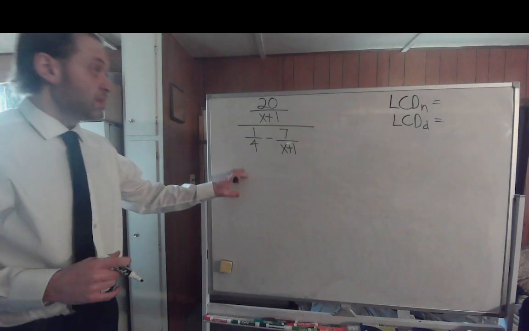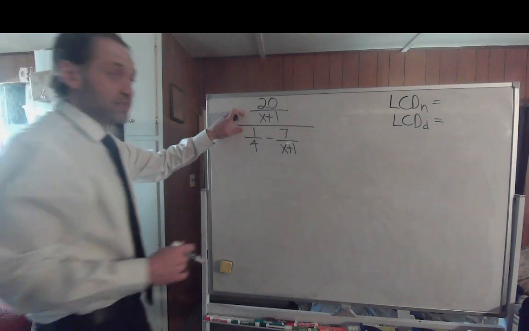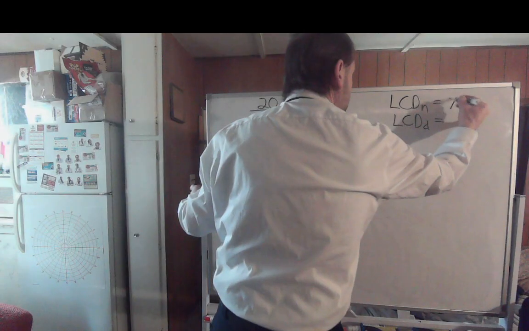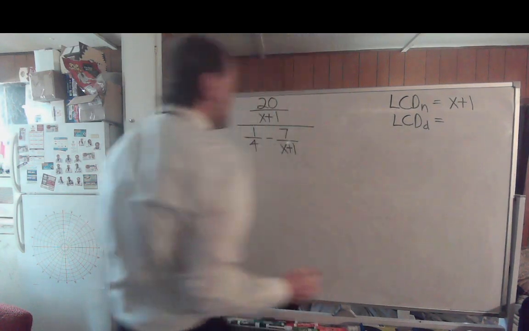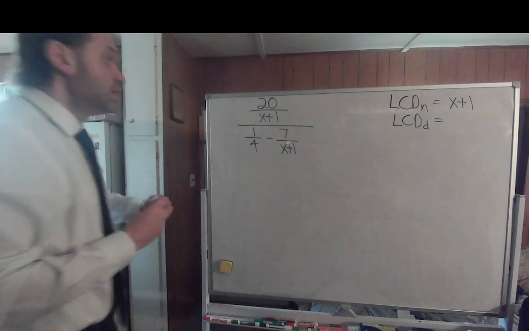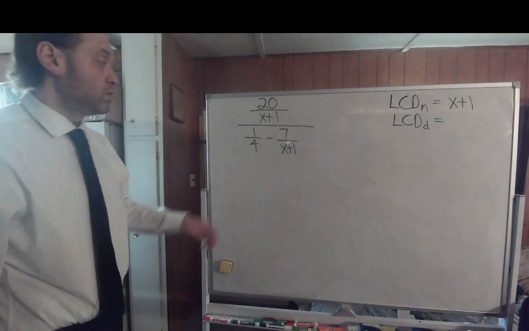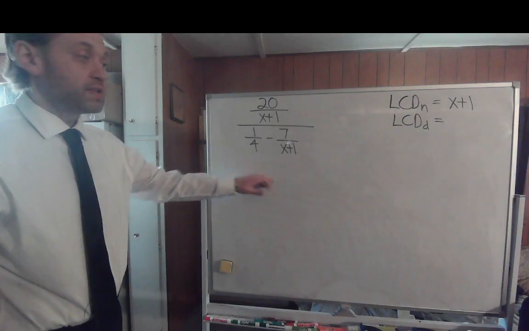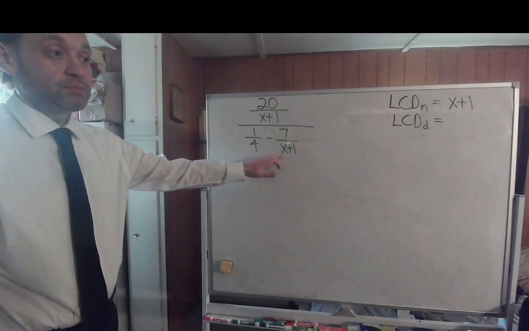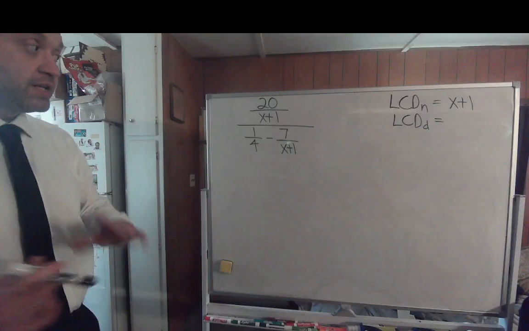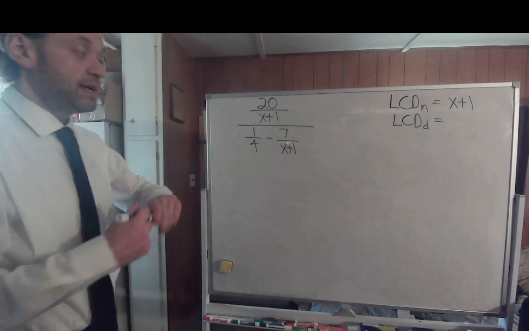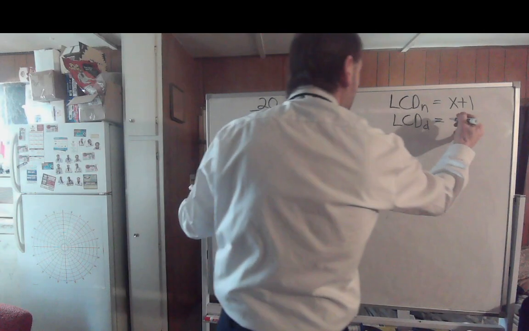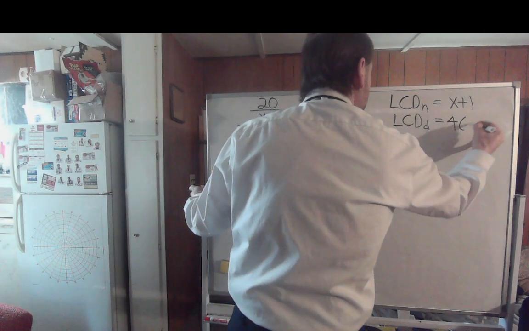Well, your numerator, it's pretty obvious what your least common denominator is. That's x plus 1. We don't even have to do anything with that. But what about your denominator? One has a denominator of 4, the other has a denominator of x plus 1. So really and truly, your least common denominator of the denominator would be 4 times x plus 1.